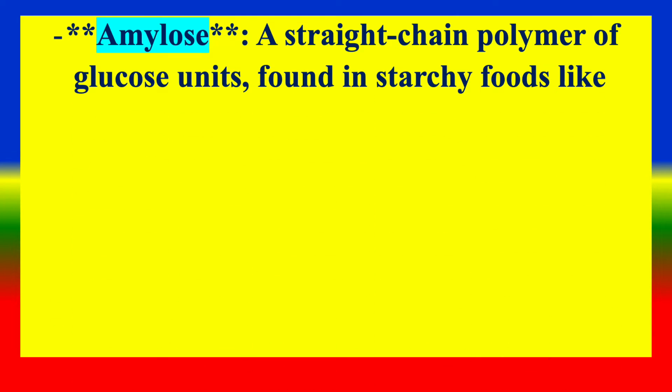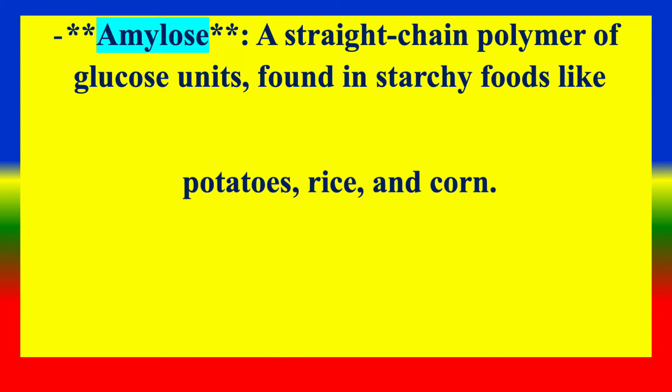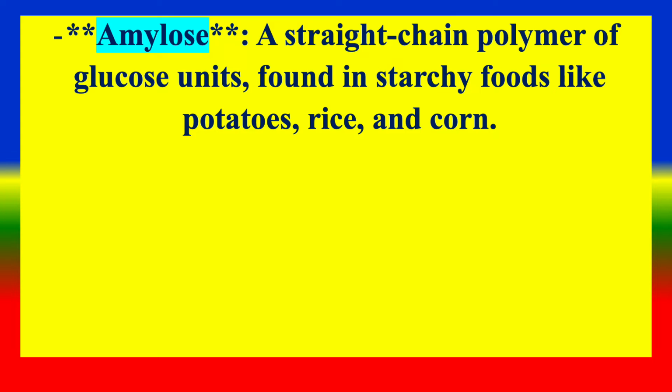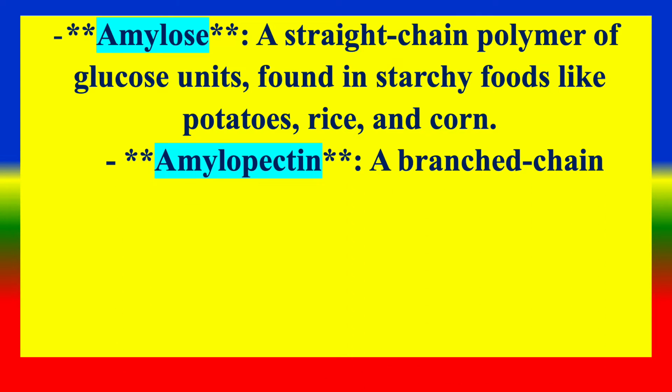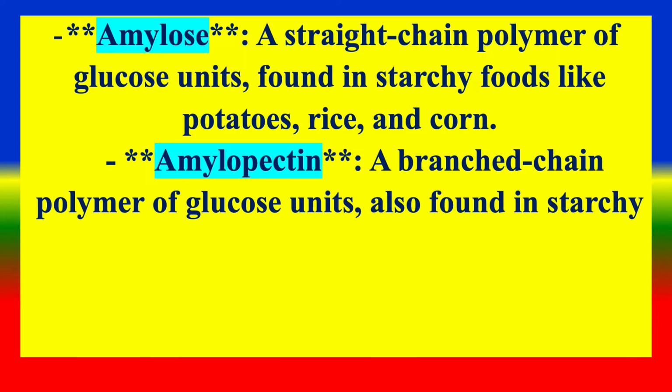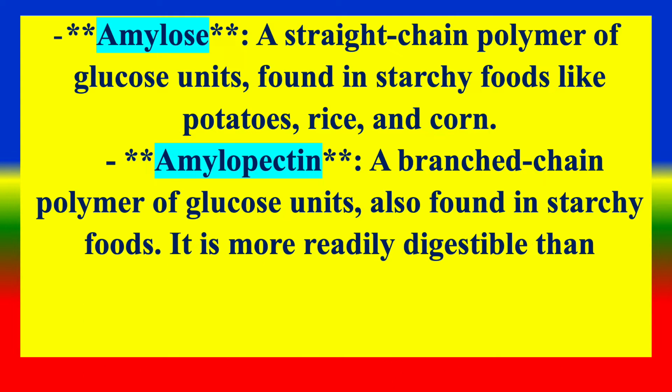Amylose, a straight chain polymer of glucose units found in starchy foods like potatoes, rice, and corn. Amylopectin, a branched chain polymer of glucose units also found in starchy foods.